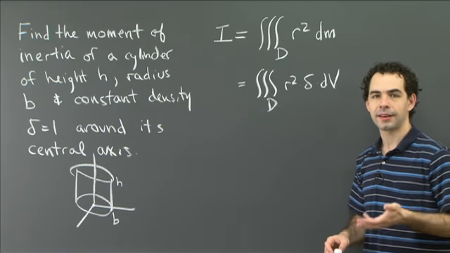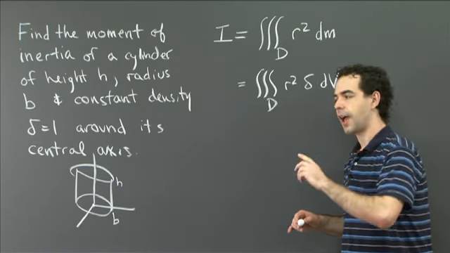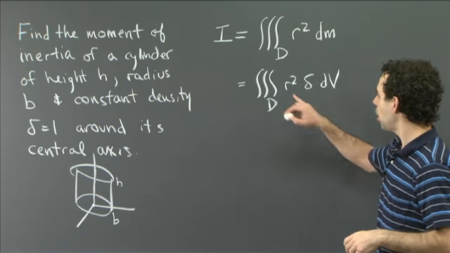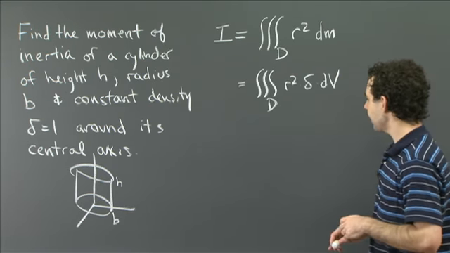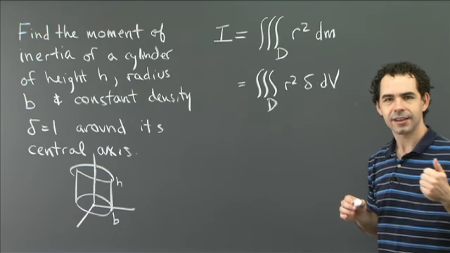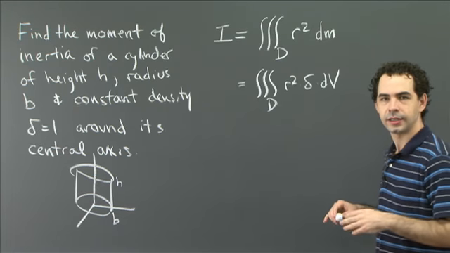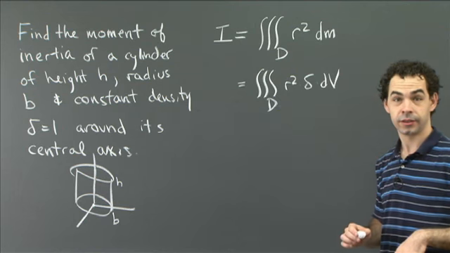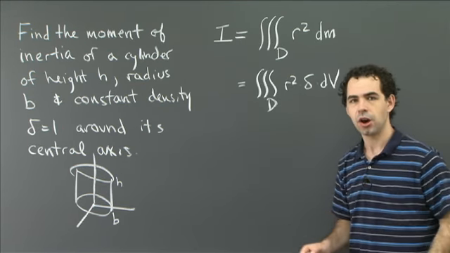So now let's think about it in our case. Well, in our case, we've cleverly chosen our central axis to be the z-axis. So this r is just the distance from the z-axis. I was kind enough to give you a constant density cylinder, so this delta is just 1. That's going to be easy. And then we have this triple integral over the whole cylinder of some integrand that involves r.